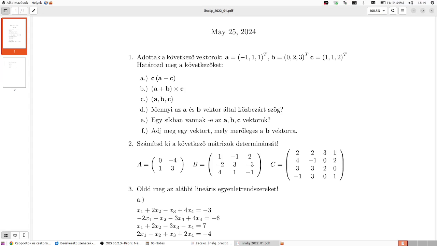Yes, and the D that we could do. What is the angle between the A and B vector? A and B. Excellent.